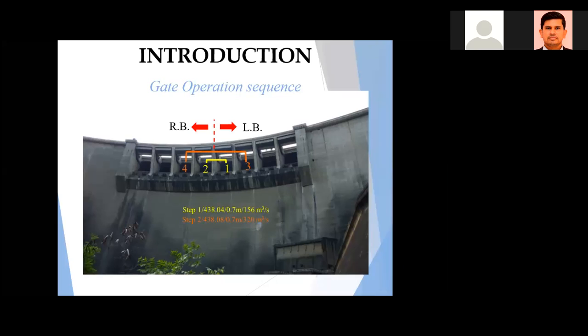Then in step 2, when the water level rises another 4 centimeters, to 438.08, the next gates 4 and 3 are opened. Again, with another 4 centimeter rise, gates 6 and 5 open. Then with another 4 centimeters, 8 and 7, so all gates are open in the first step. Then with another 4 centimeter rise, it starts the second stage. Like that, the gates are opened. This is the gate operation sequence.